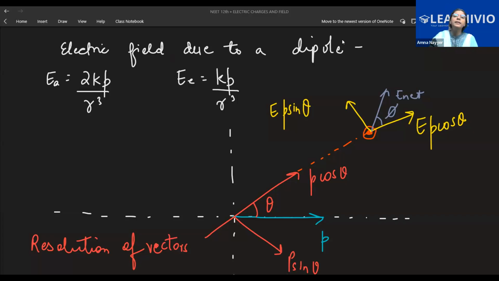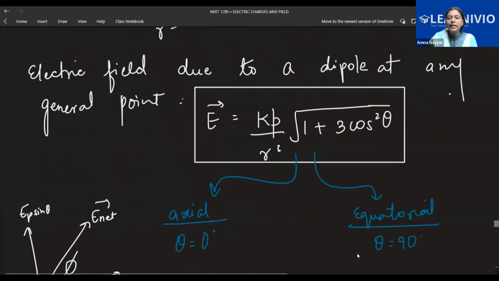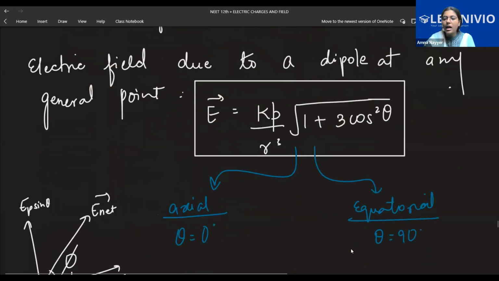Okay. In the last class, we discussed the electric field due to a dipole. These are the two special cases that we know, but we also discussed it for a general point. That was E is equal to kp by r cubed under root 1 plus 3 cos squared theta. This is the general formula.